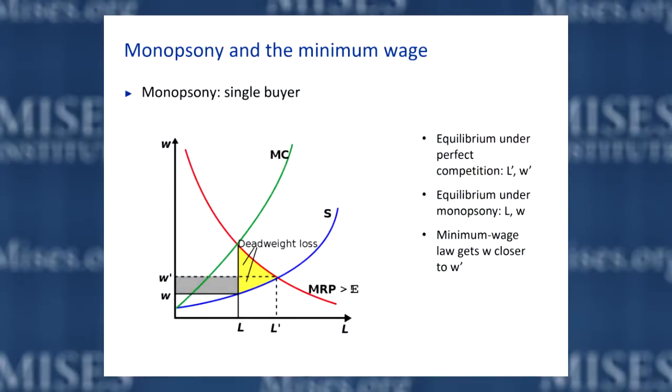Therefore, we need minimum wage laws to get the actual wage in the market closer to W prime. The wage in the market is not good, according to this argument, because employers have monopsony power. They need to be forced to pay higher wages, just as monopoly firms need to be forced to charge lower prices for their outputs.